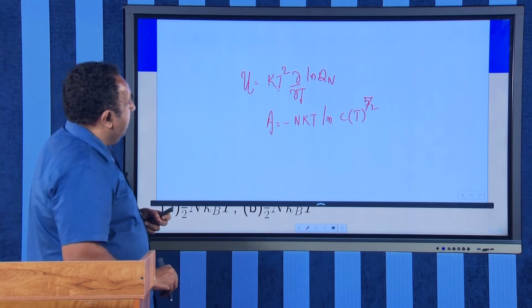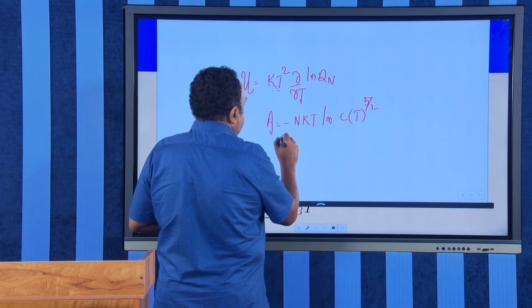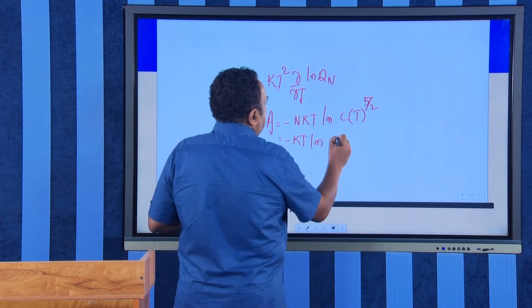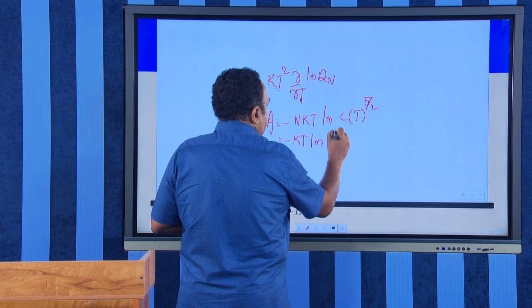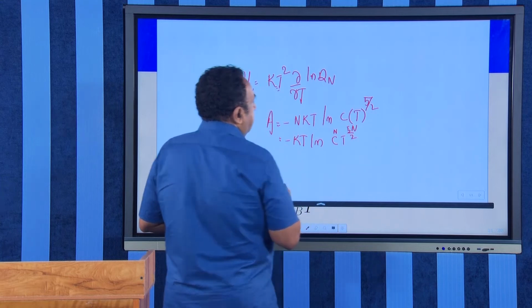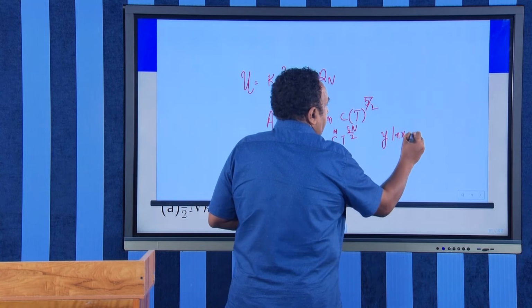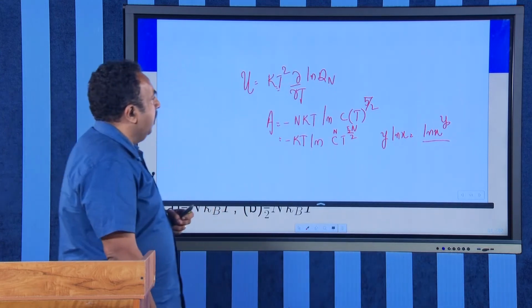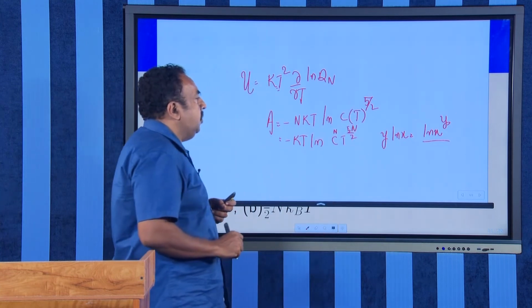I can rewrite this expression as minus kT log of C T raised to 5 by 2, all raised to n, because y log x I can write as log x raised to y. I have taken that n as the exponent of this C and T, C raised to n, T raised to 5n by 2.